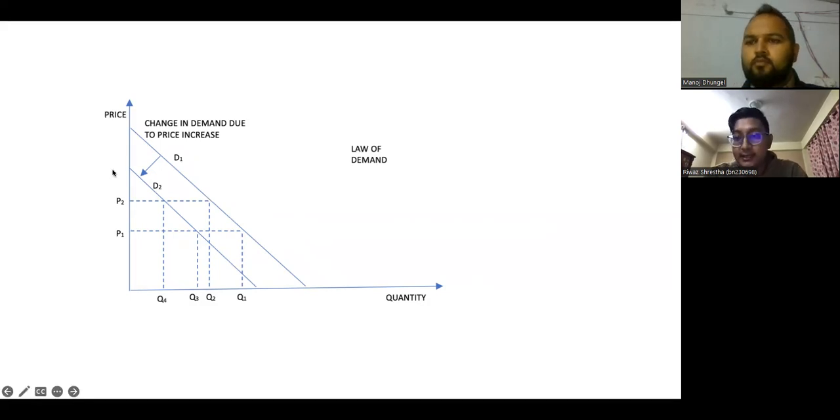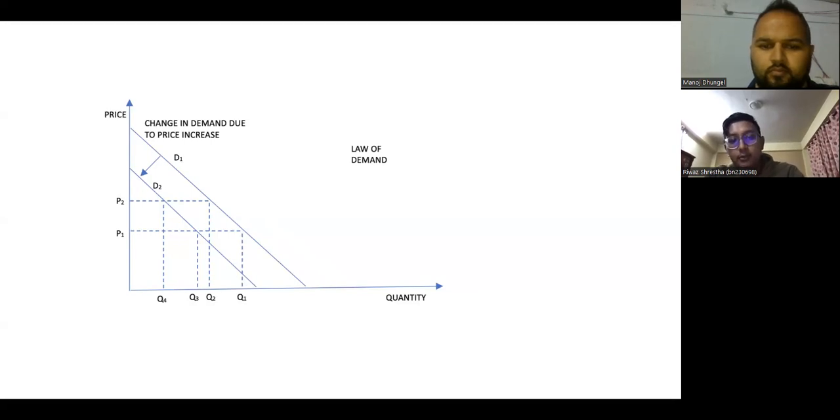As we can see in the figure, when the price was P1, there was Q1 quantity demanded. And when there was a price change and a decrease in demand, the same good priced at P1 has Q3 quantity demanded by the consumers, where Q1 is lesser than Q3.